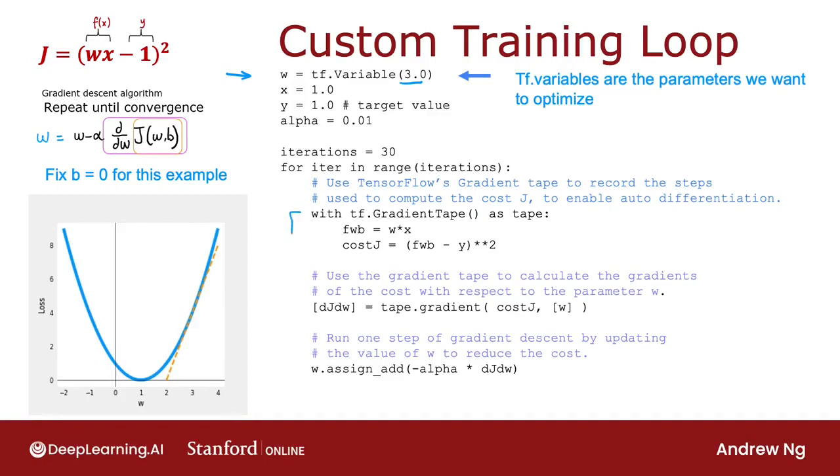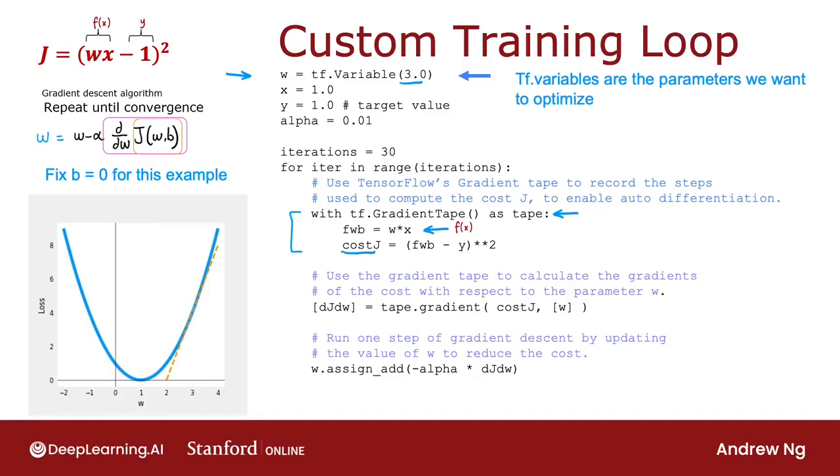And if you write this with tf.GradientTape() as tape, f, this is compute f of x as w times x, and compute j as (f of x minus y) squared, then by telling TensorFlow how to compute the cost j, and by doing it with the gradient tape syntax as follows, TensorFlow will automatically record the sequence of steps, the sequence of operations needed to compute the cost j. And this is needed to enable automatic differentiation.